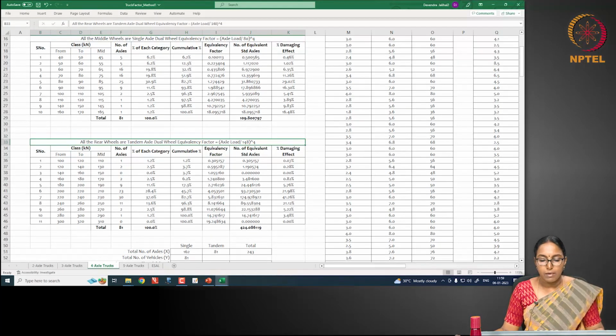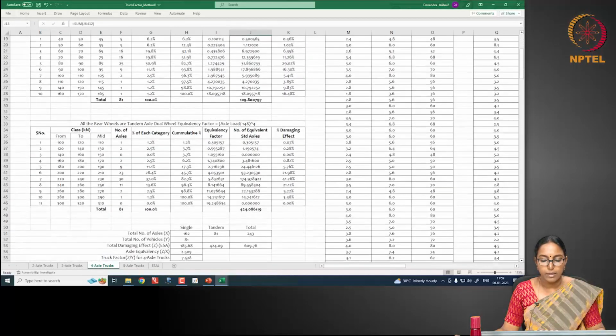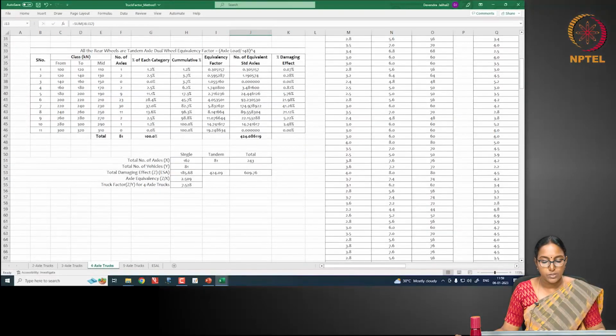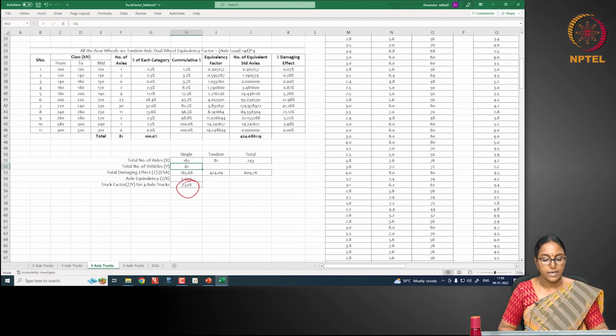The damaging effects for each of them are calculated as before, and the total damaging effect comes to 609, and 81 vehicles were there in this category. So, 609 divided by 81 will give you the vehicle damage factor for this category as 7.528.